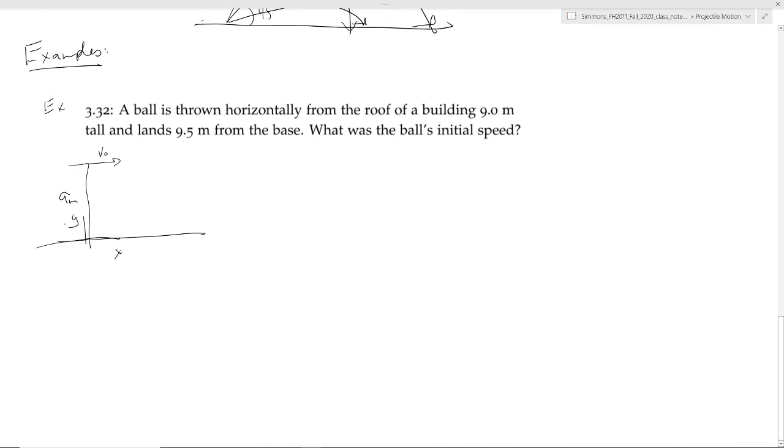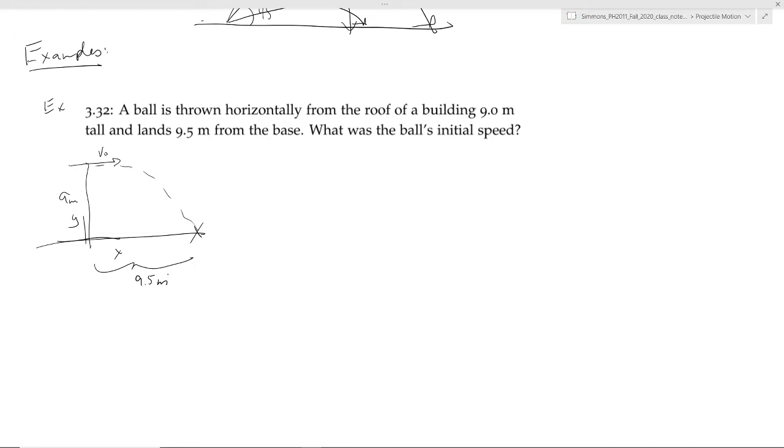We'll put y equals 0 at the ground, just for convenience. And then we know this thing lands over here, 9.5 meters away. And we want to know the initial speed of the ball.